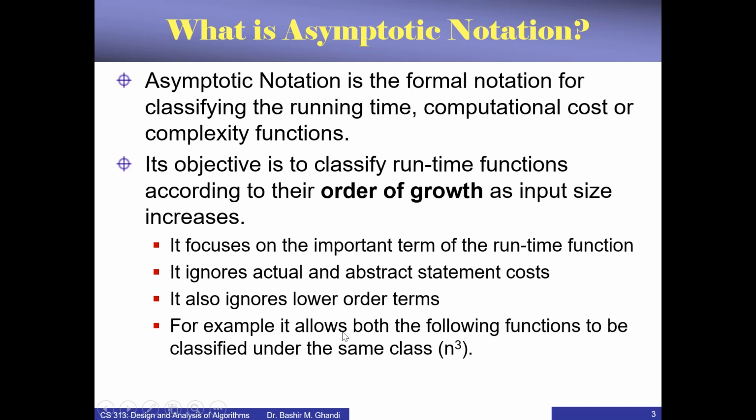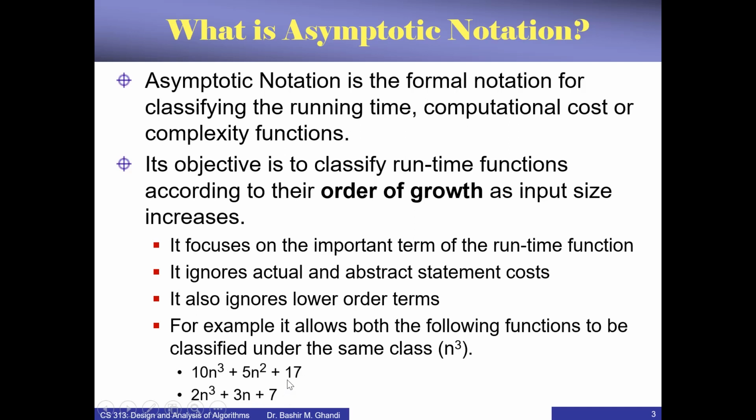For example, it allows both the following functions to be classified as n cubed. So either big O of n cubed, or theta of n cubed, or big omega of n cubed, as we shall see. These are the two functions I'm talking about. Here we have 10n cubed plus 5n squared plus 17. And the second one is 2n cubed plus 3n plus 7.